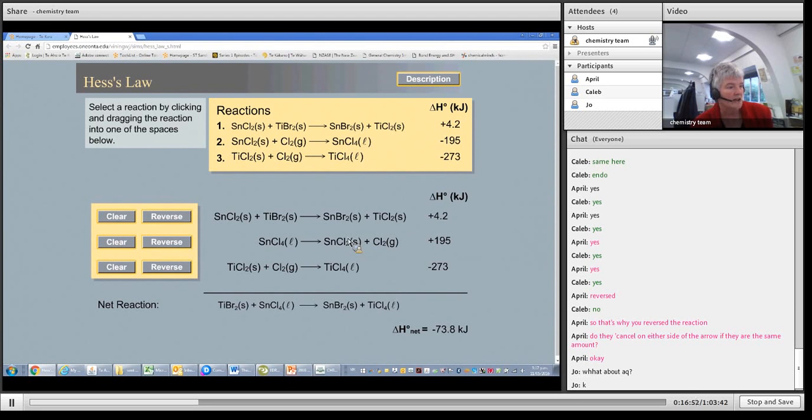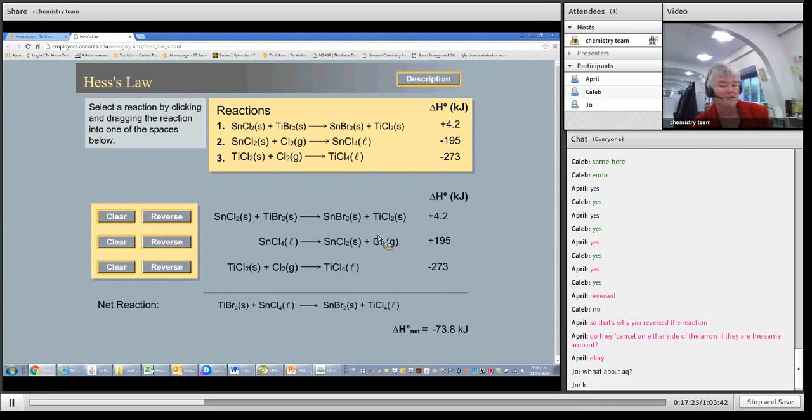Okay, so can you see here what I've got? My dichlorides have cancelled, and sorry, titanium, not tin. Titanium dichloride, TiCl2, has cancelled with that one. And what else has cancelled? My SnCl2 has cancelled with that one. So all I've got left is the tin bromide and the tin tetrachloride, because the chlorine over here has cancelled with the chlorine over there.